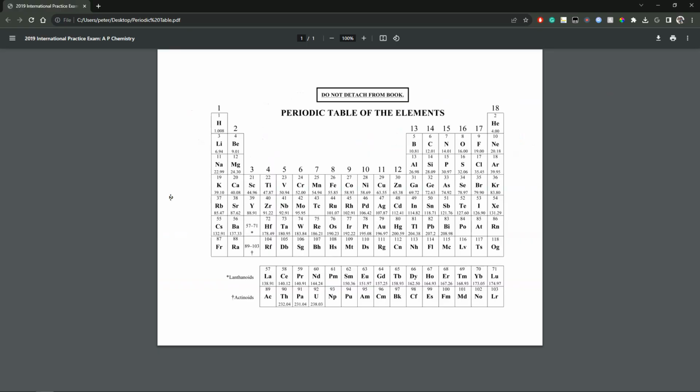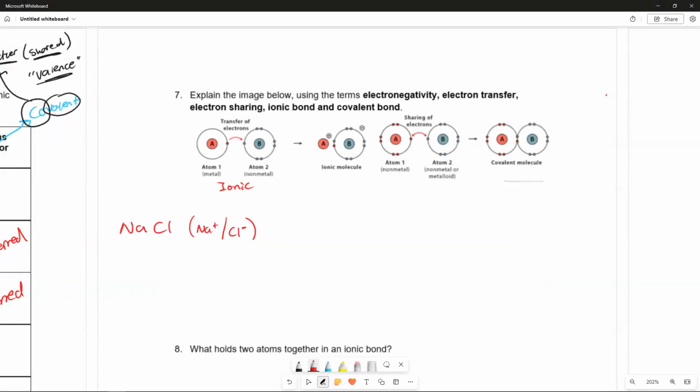Let's see if I can come up with a good example for this. CCl4, my favorite. Chlorine, carbon, we have a 4 plus. Chlorine has a 1 minus, and so you need 4 chlorines for 1 carbon.